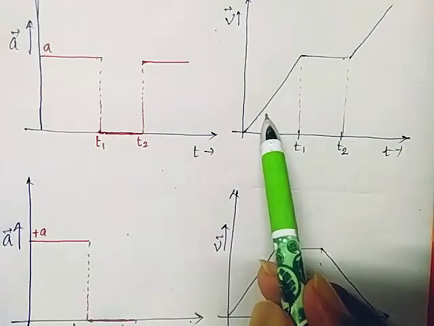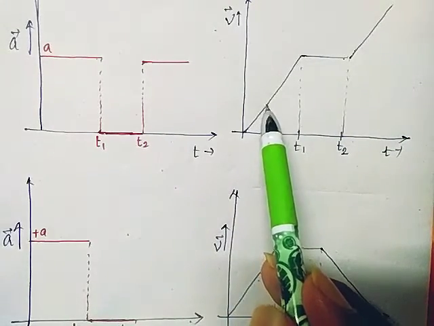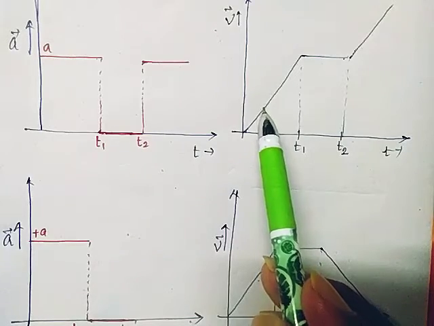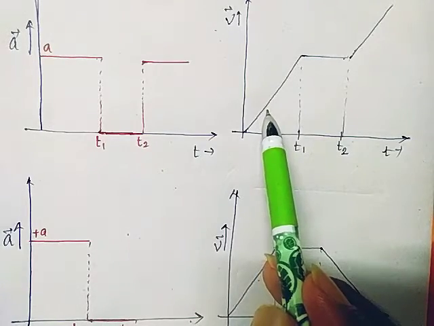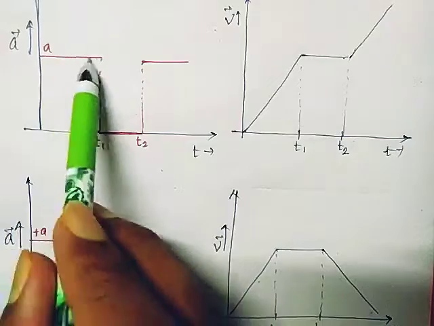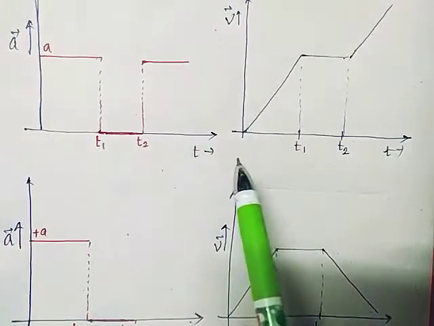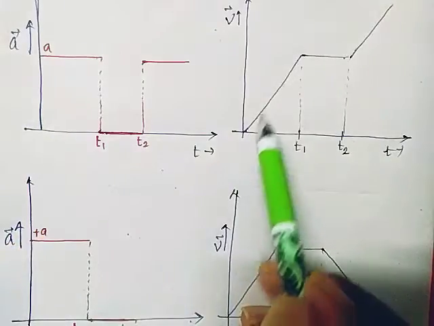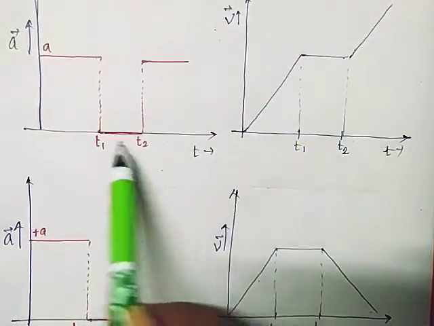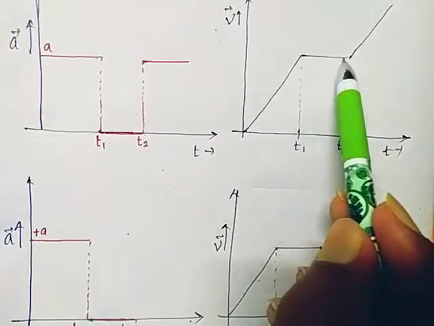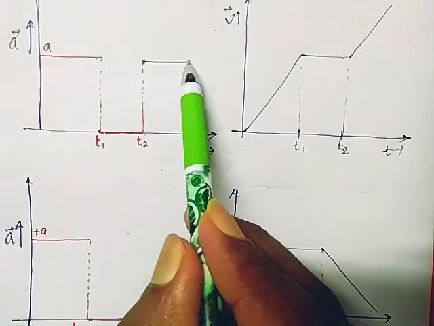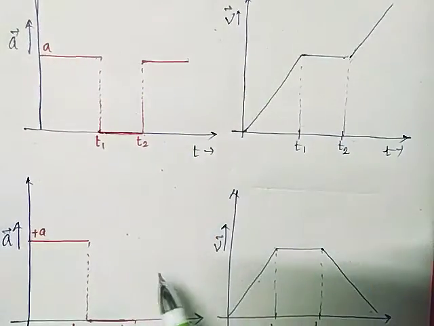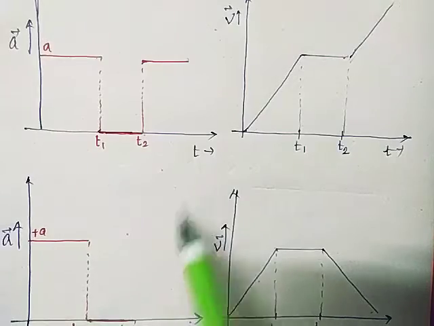It basically shows the slope of the displacement versus time graph, just like these graphs show the slope of the velocity versus time graph. Here the slope is constant, so there is a constant increase. Where the slope is 0, there is no increase. Where the slope is again constant, there is a constant increase.